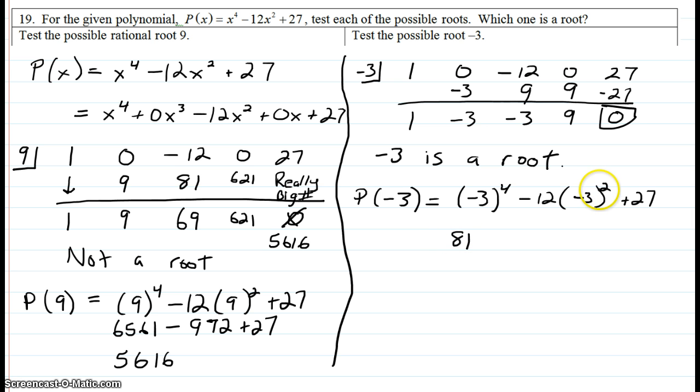Negative 3 squared is 9. 9 times 12 is 108, and this would have turned into a negative, plus 27. And so you can see that 81 and 27 make positive 108. 108 minus 108 equals 0. Just showing another way to get the same answer.